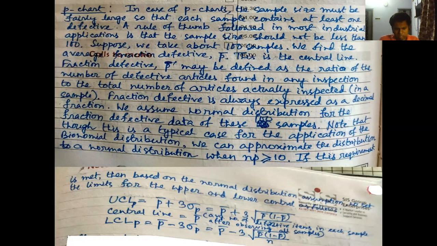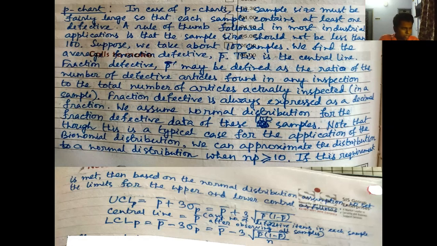But in some cases, if your data lies beyond the plus minus 3 sigma limit, it is seen that the variation for which the data is beyond your control limit has some assignable causes behind it.